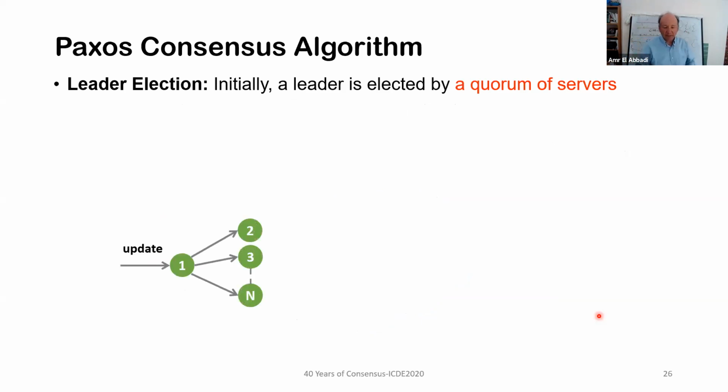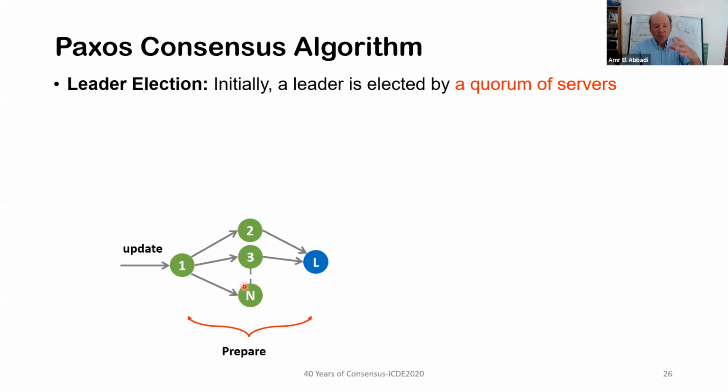So if an update comes, think of this as the leader. The leader is going to send a request to everybody. We have n processes, and it tells them, hey, I want to be the leader because I have a value that I intend to push forward. He doesn't have to tell them the value now, but he gets back from a quorum of sites, and in Paxos, it's a majority.